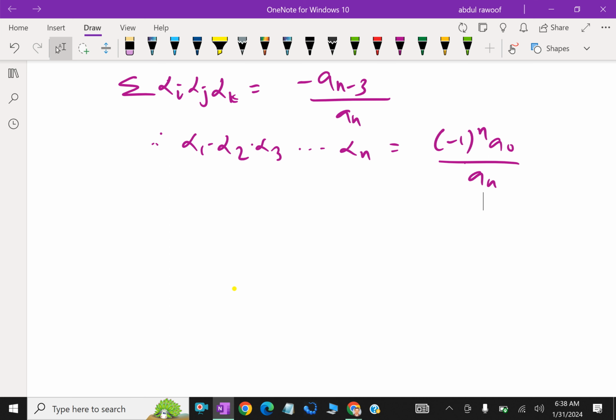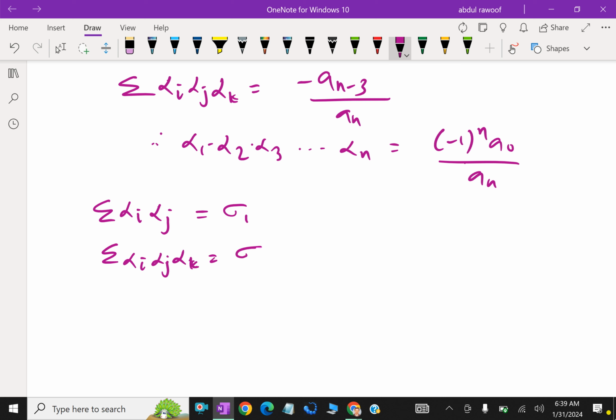Next, for example, sigma alpha i alpha j, which means the sum of the product of the first two consequent terms, let it be sigma 1, and sigma alpha i, alpha j, alpha k, that is the product of three consequent terms, let it be sigma 2.